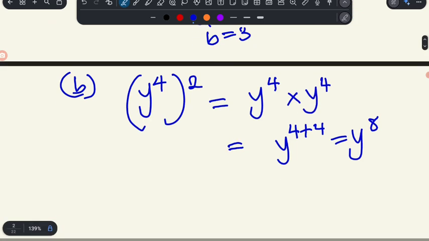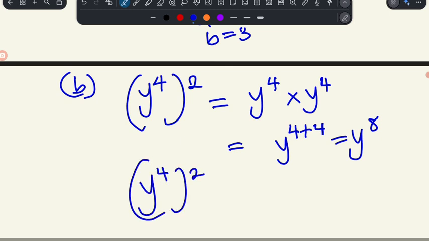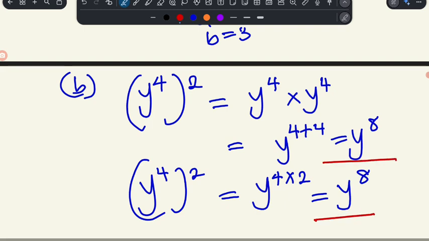Let's try the alternative method, the real formula we are using today. y raised to power 4, raised to power 2, will be y raised to power 4 times 2, which is y raised to power 8. So you discover that both are the same.